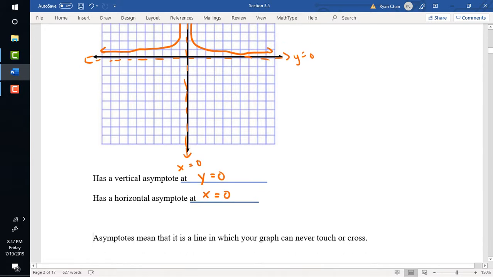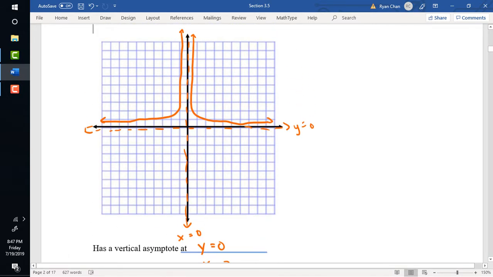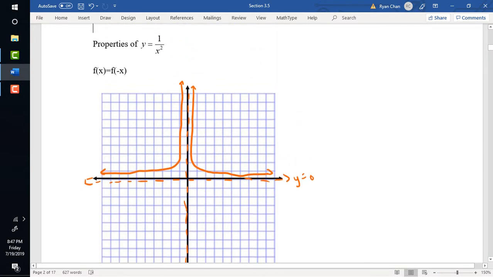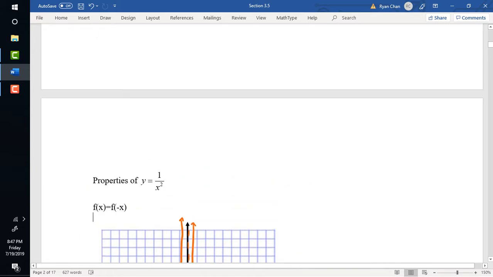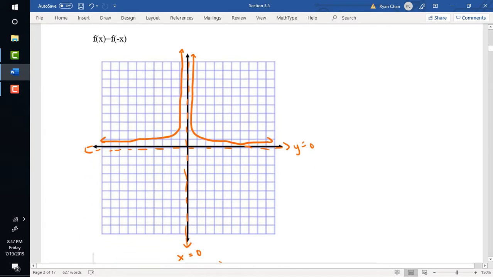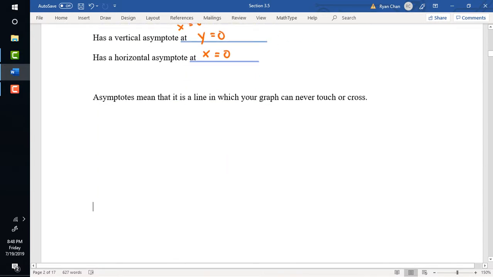And remember, asymptotes means it's a line which your graph can never touch or cross. So there's two types of rational graphs: we have 1 over x, and then we have 1 over x squared.